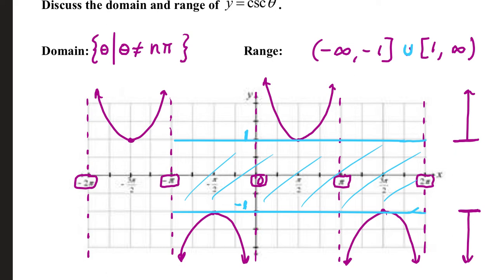So instead of making a list, how can we write any angle except those specific ones? It turns out that your domain is any angle. It's easier to write what you can't have sometimes. That angle cannot be an integer multiple of pi.